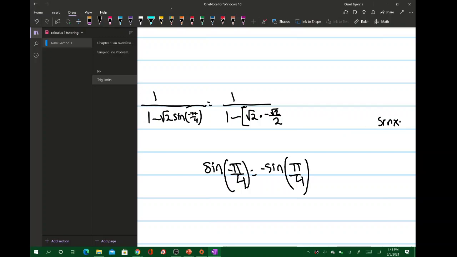Okay. So we have 1 over 1 minus the square root of 2 times negative square root of 2 over 2, which is negative the quantity square root of 2 squared over 2.